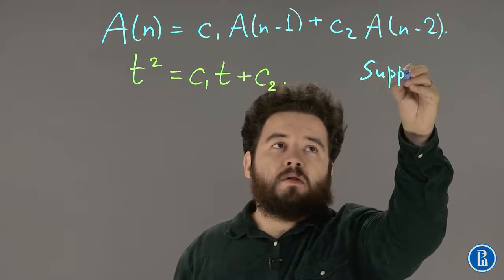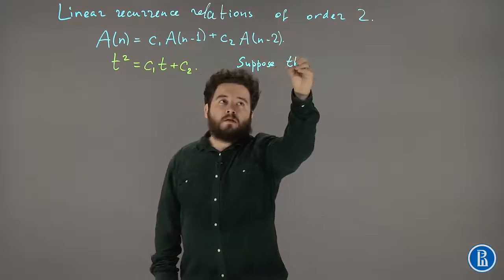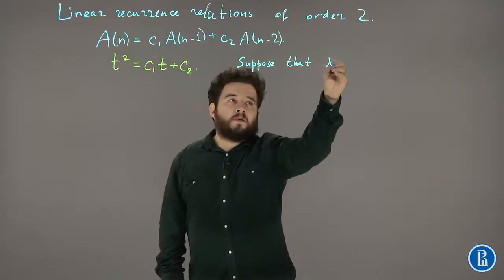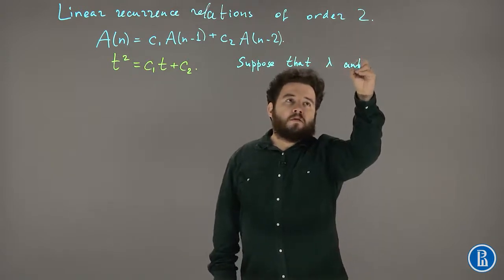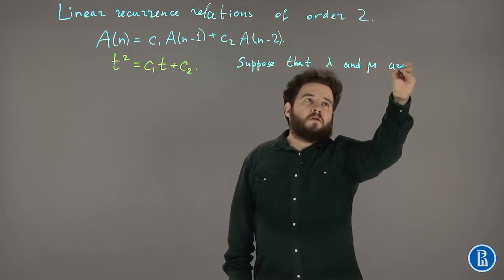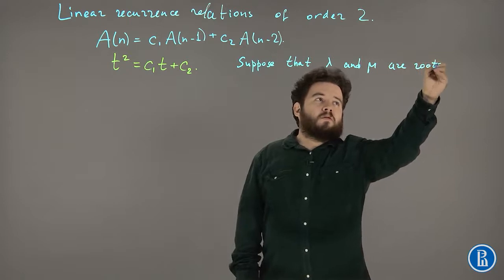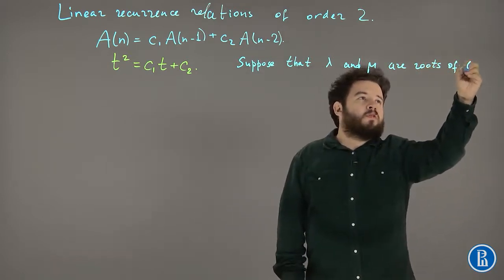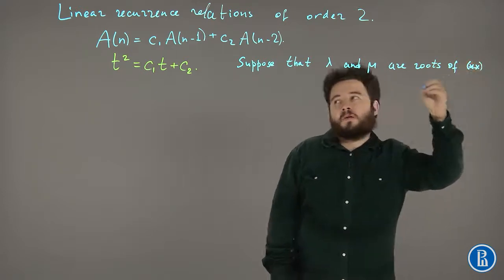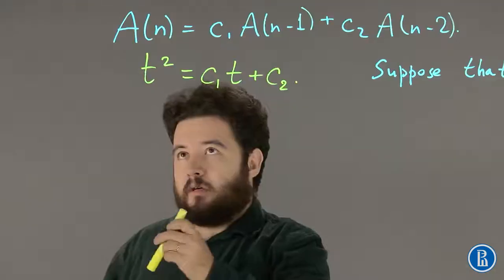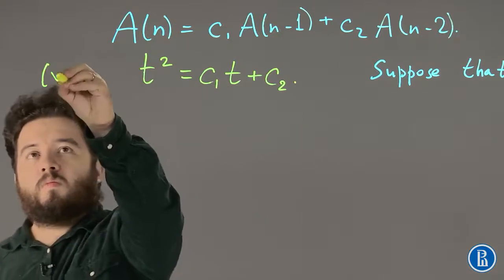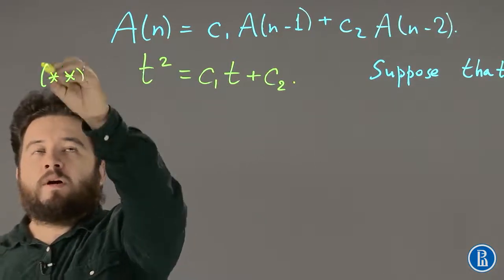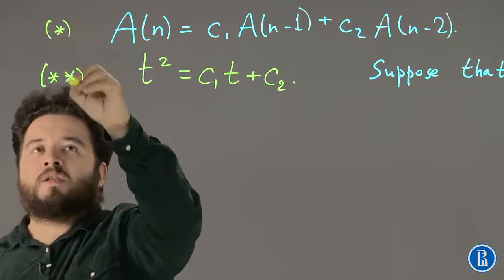So suppose that lambda and mu are roots of this equation. We denote it by 2 stars, while our original recurrence relation was denoted by 1 star.